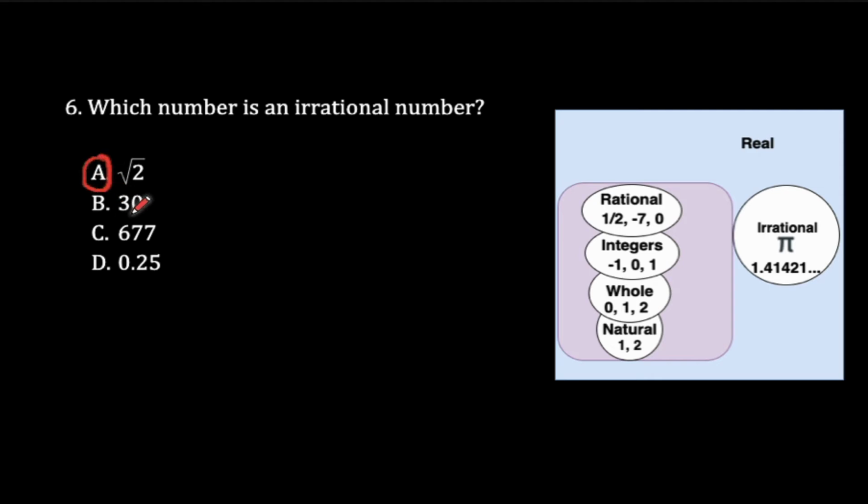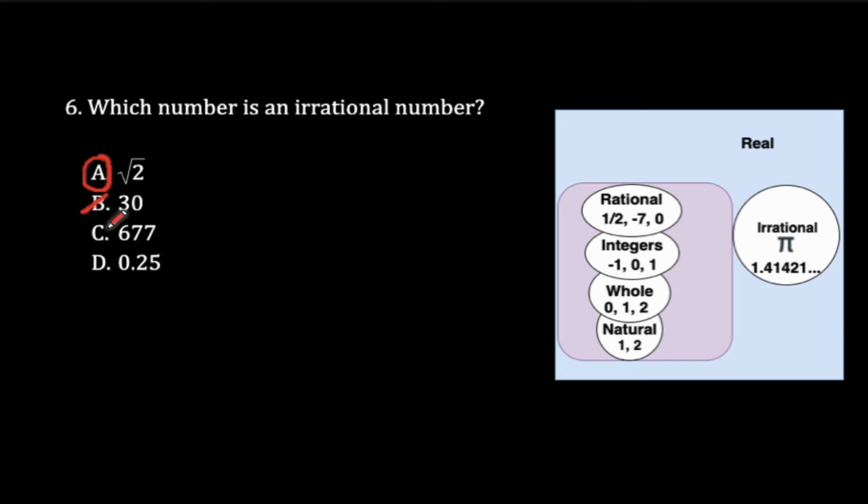But let's move on. What about answer choice B? Is 30 considered an irrational number? Well, no, because it's a whole number, it's a natural number, an integer, as well as a rational number, right? It's all of those choices. It's definitely not irrational, so that's incorrect. What about 677? That's also rational for the same reasons that the number 30 is.